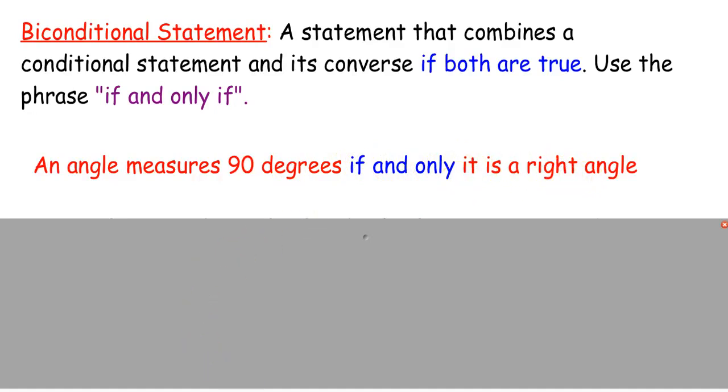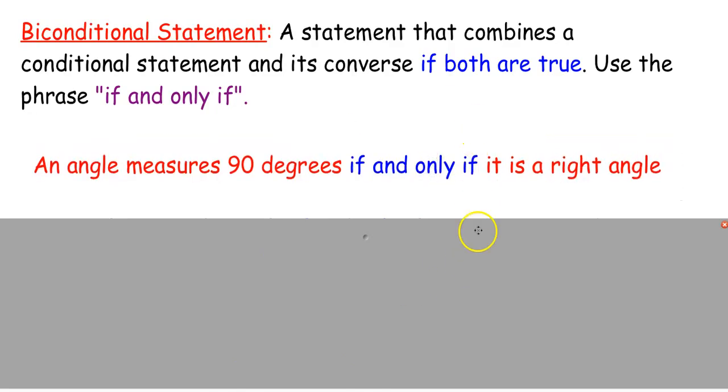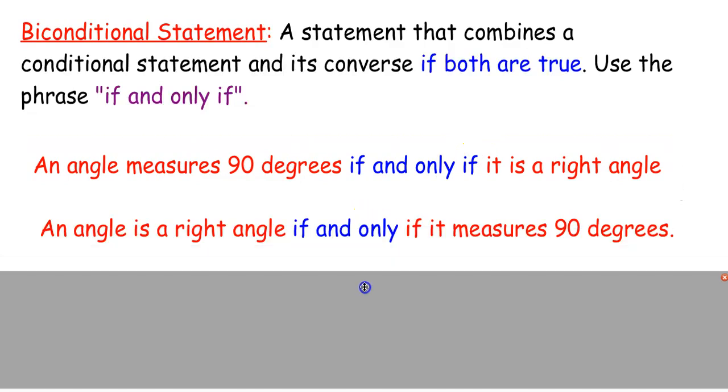Oops, and I lost my if in this statement. So if and only if it is a right angle. All right. It works both ways. The whole definition of a biconditional statement is you should be able to read it the other way around. So I should be able to say if an angle is a right angle, then it measures 90 degrees. If an angle measures 90 degrees, then it is a right angle.